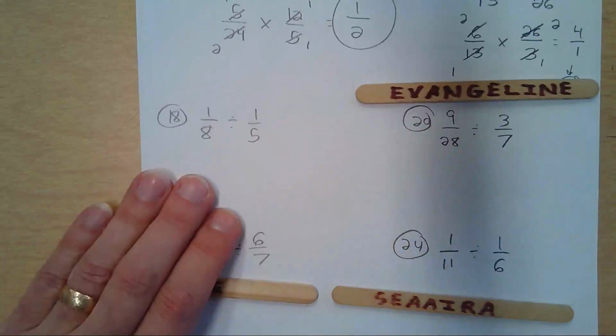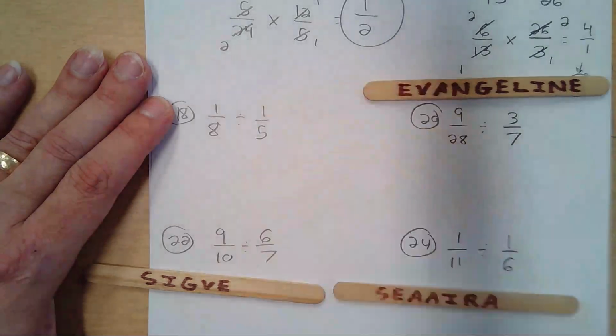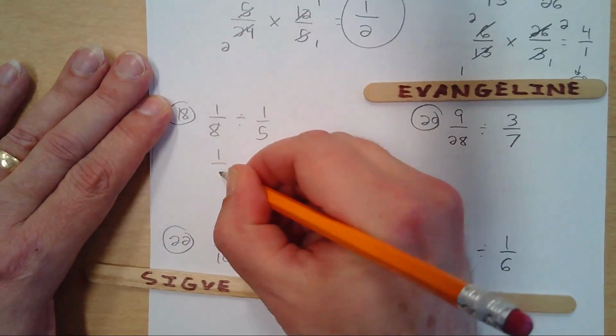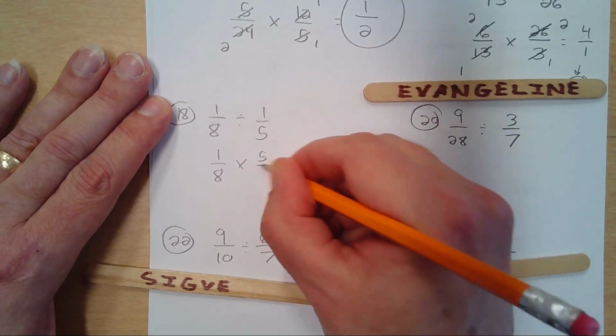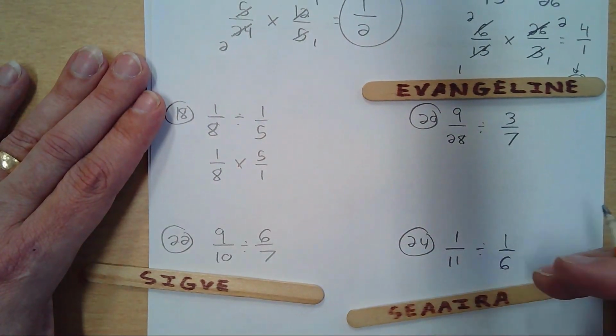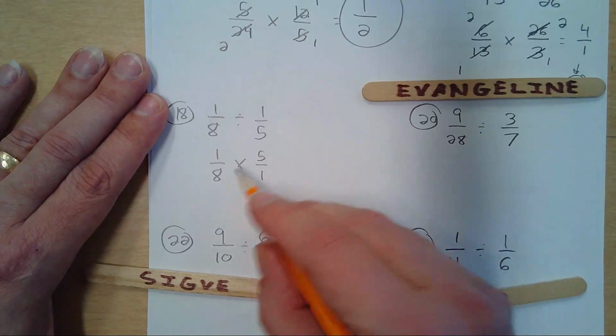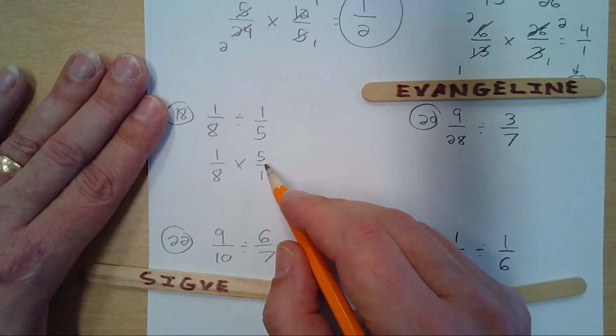So first, we want to rewrite it as a multiply problem. You're going to switch the 1 and 5. So then I got 5 over 1. And then you do 8 divided by 5. The biggest thing, the only number that divides into both of these numbers is 1.